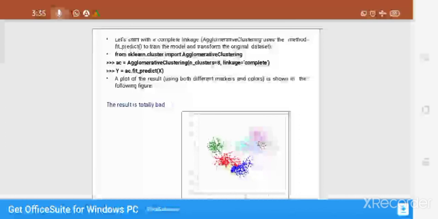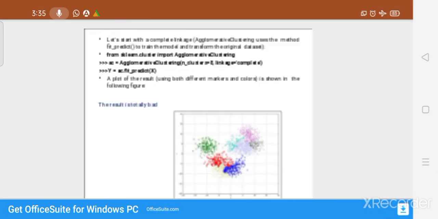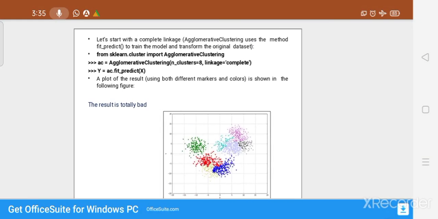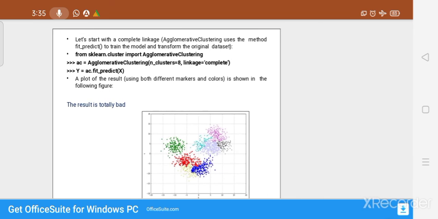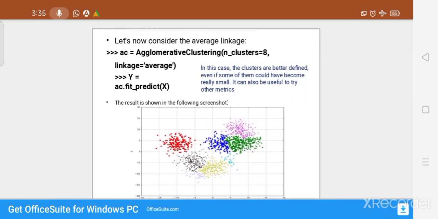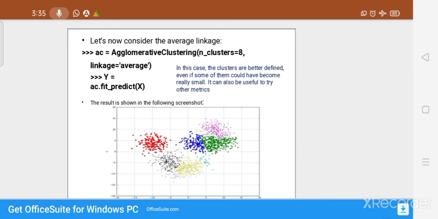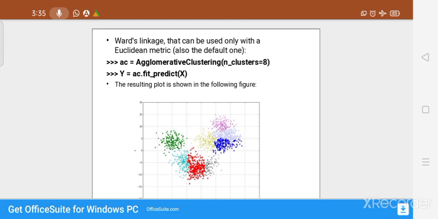How agglomerative clustering is implemented in scikit-learn is shown over here. With 8 clusters it will look like this, with 3 clusters it will look like this, and if we consider the average linkage, it can be seen like this.